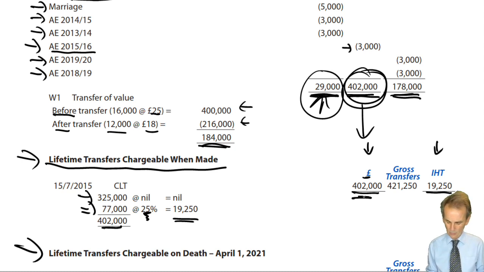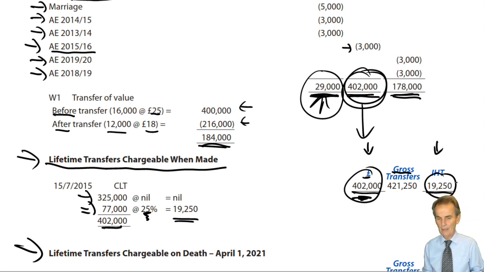Because this transfer was a net transfer, to get the gross amount of the transfer, you add the two figures together: the amount of chargeable transfer plus the amount of tax thereon, because both of those figures diminish the value of the estate.